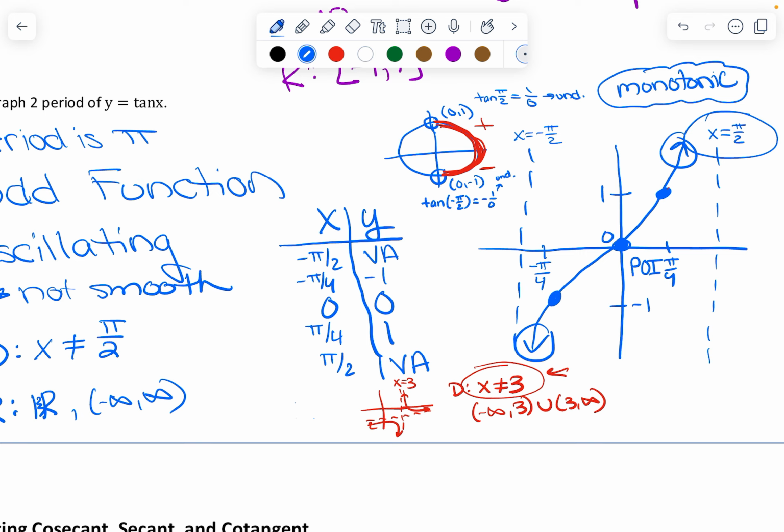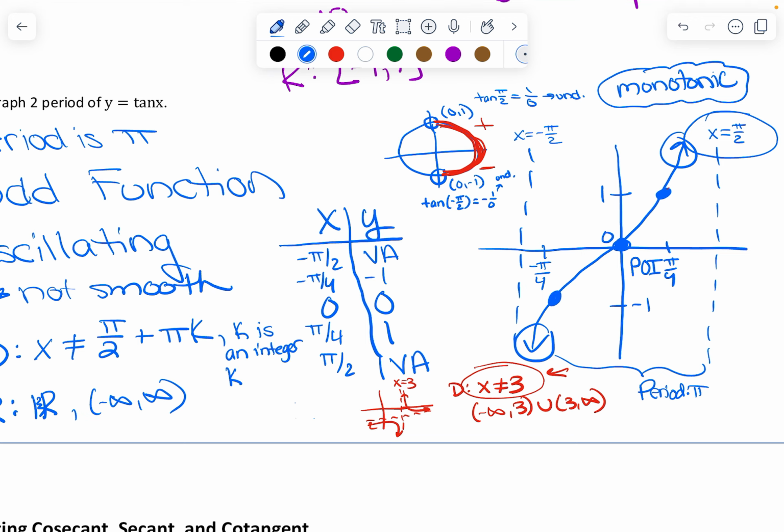But what about negative pi over 2 or all the other vertical asymptotes? Okay, if I want to include pi over 2, the period for tangent is pi. So that means the vertical asymptotes are separated by pi. So I can do pi over 2 plus pi. But that takes me in the right direction, so that would be 3 pi over 2. So to include an infinite number of vertical asymptotes, we include k, where k is an integer.